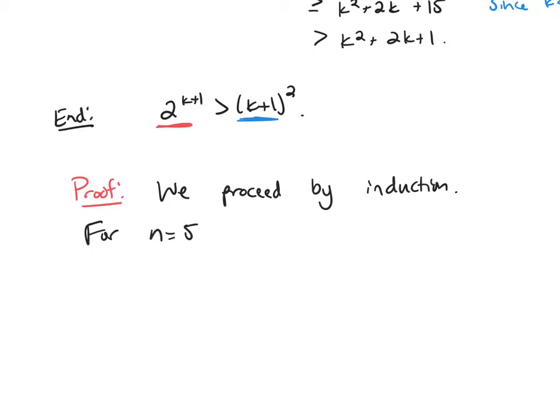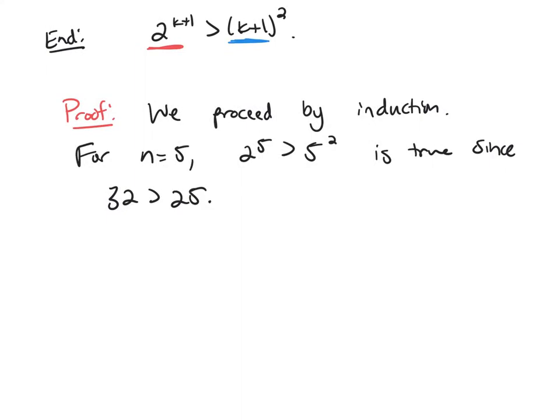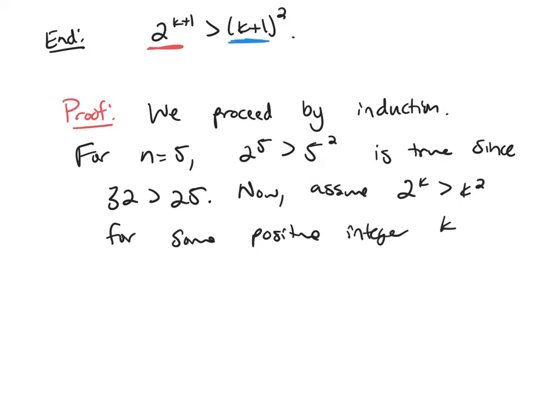For n equals 5, 2 to the 5th is bigger than 5 squared is true since 32 is greater than 25. Now, assume 2 to the k is greater than k squared for some positive integer k greater than or equal to 5.